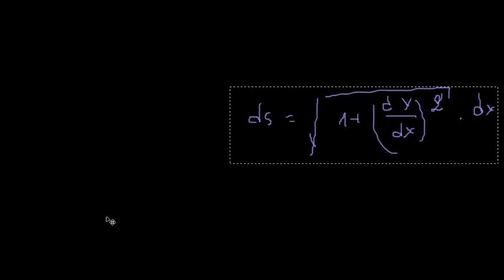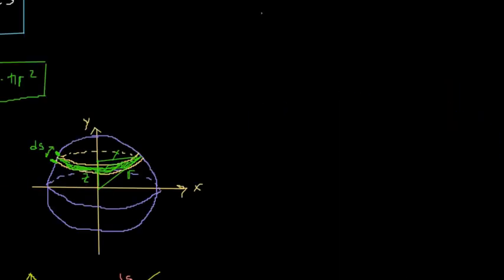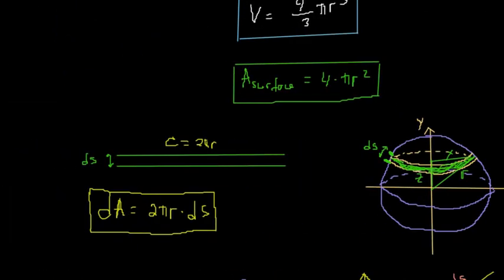Okay, and we said that the area dA is going to be 2 pi r times ds.